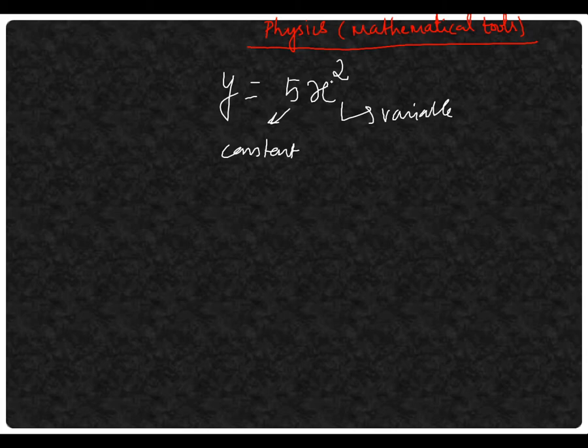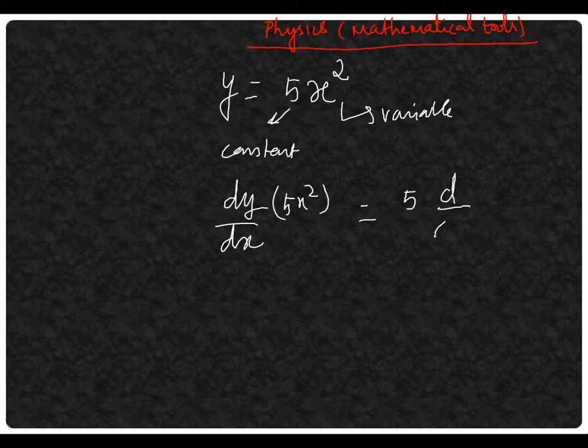Okay, so now how can you find the differentiation of 5x square? First of all we take that 5 out of the differentiation, so it is equal to 5 dy by dx of x square. So we can write 5x square as 5 dy by dx of x square.